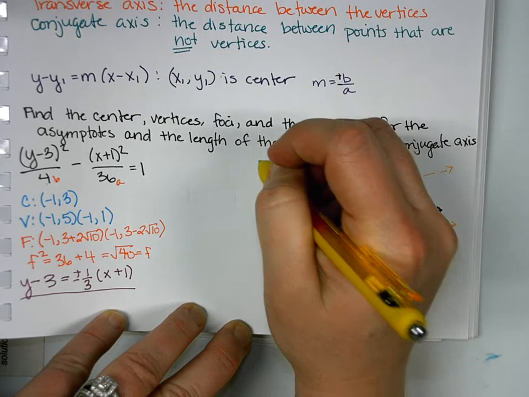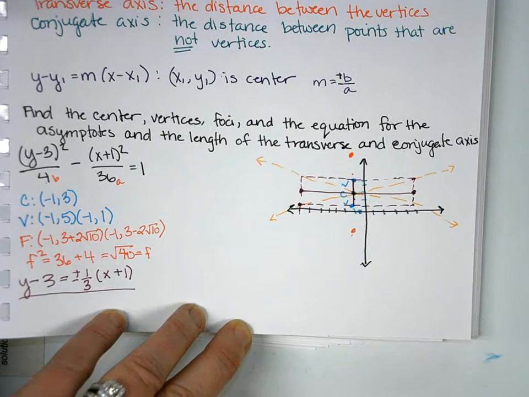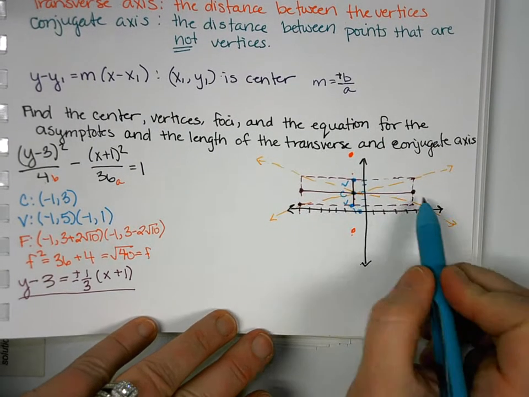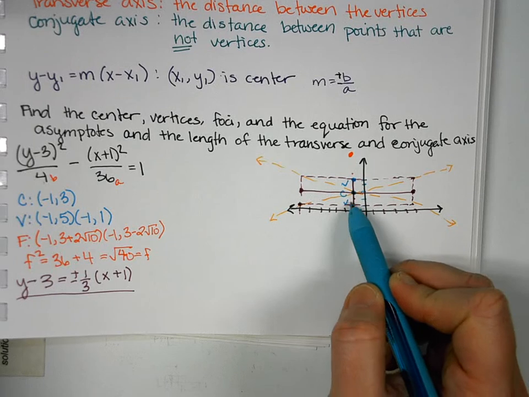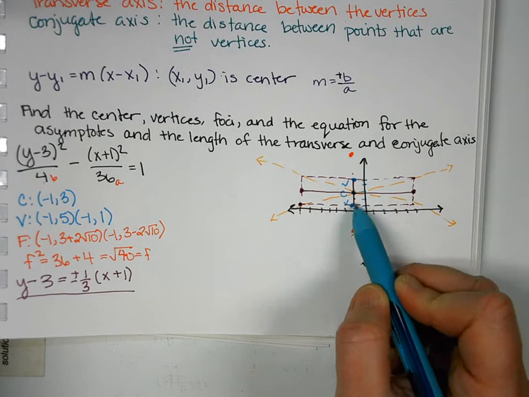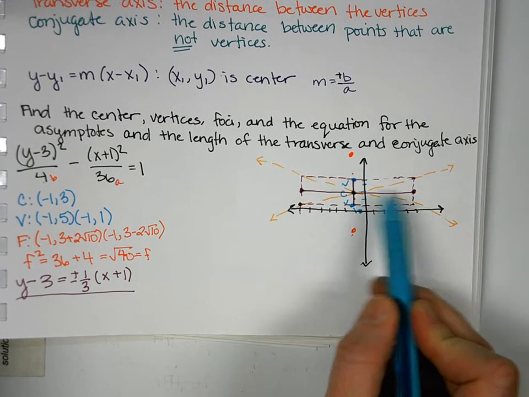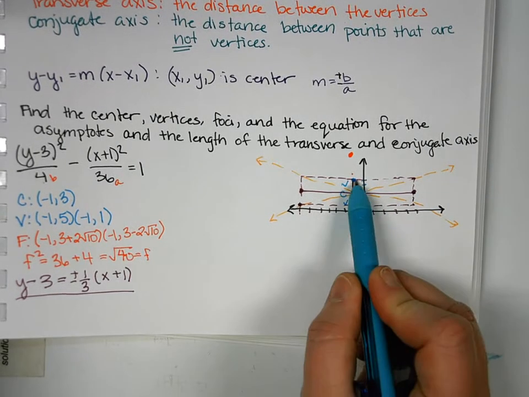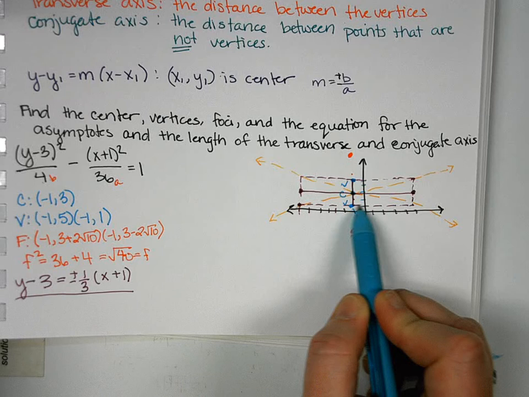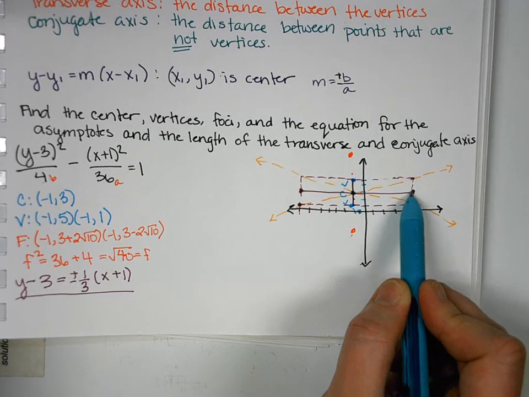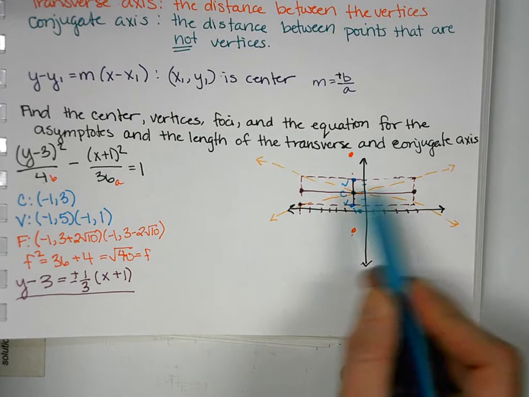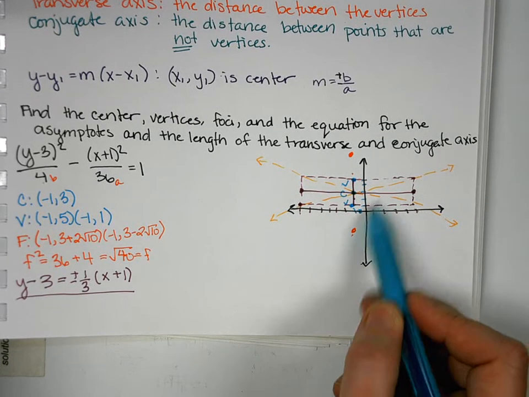Now, because it asked us to find them, we needed to, but if it doesn't ask you to, you can always just draw this box by taking your vertices and then the endpoints of your conjugate axis, which we find by the square root of this number, and then just connecting them in a box where each of these points is in the middle of a side. Then the corners are 2 points that are going to be on your asymptote.